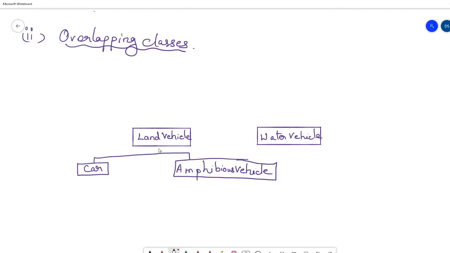Now if we talk about water vehicle, the water vehicle can be boat, ship, and so many. In that, the amphibious vehicle will also fall under water vehicle, because there would be a few vehicles which can be used in water as well as on the land. But altogether, they will fall under a class called vehicle.